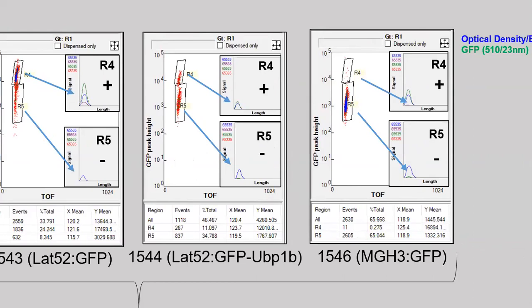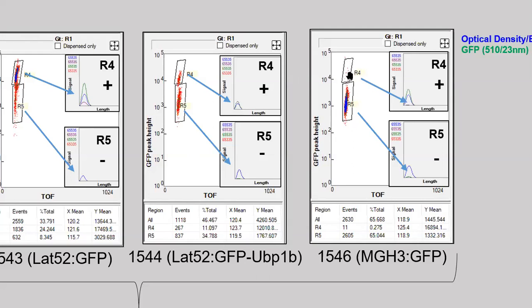So what else could you do with this? Now that you're able to sort these out, maybe you could sort out those that are still having some level of GFP expression and do an experiment like RNA-seq and see what RNAs are being expressed in the pollen that still retain some of this GFP expression.